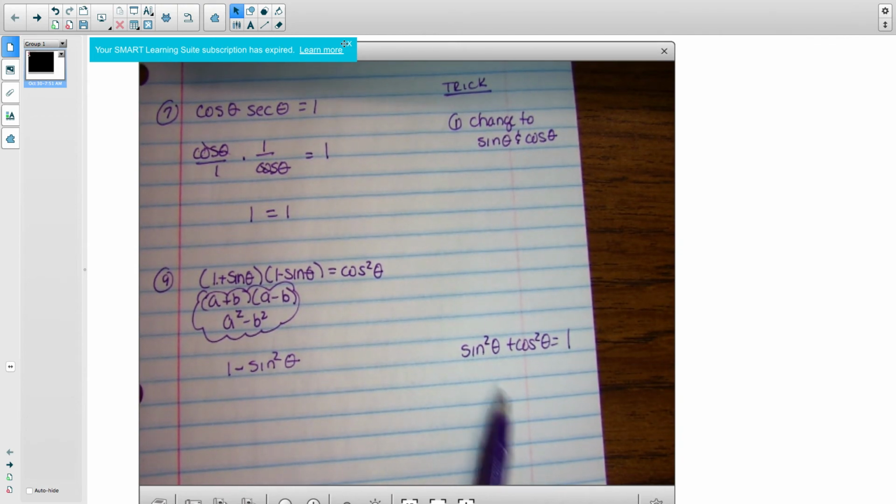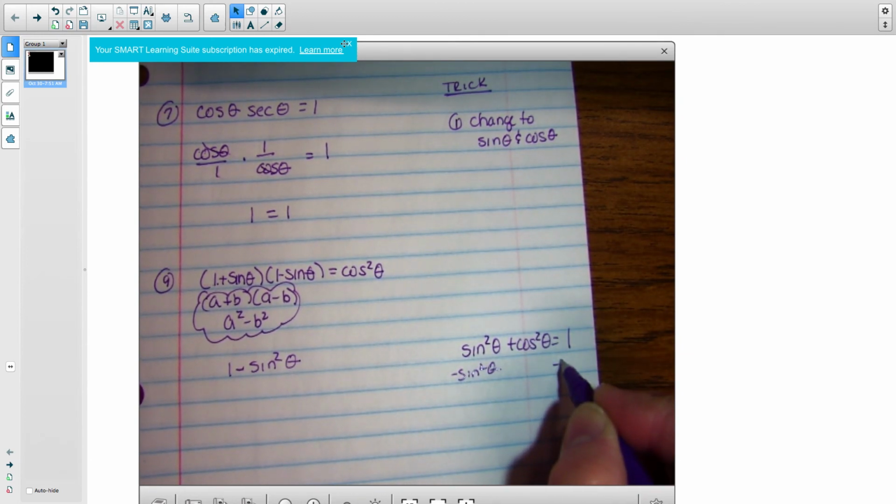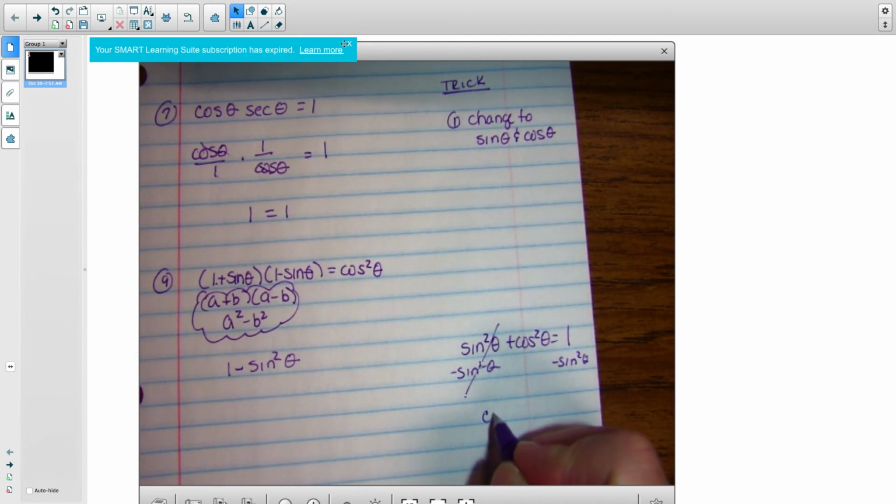From this Pythagorean identity, if I subtract this over, look what happens. That cancels, and cosine squared theta equals 1 minus sine squared theta.